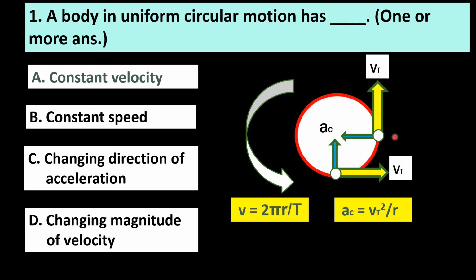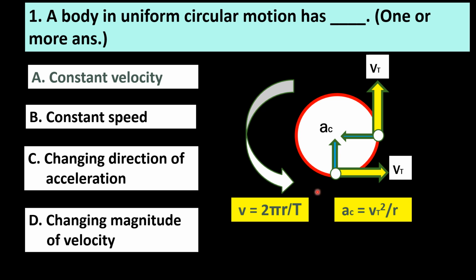At any given point, even if the magnitude of the velocity is constant or doesn't change, considering the whole revolution or the complete motion of the body in that circular path, there is always a change in direction of the velocity.